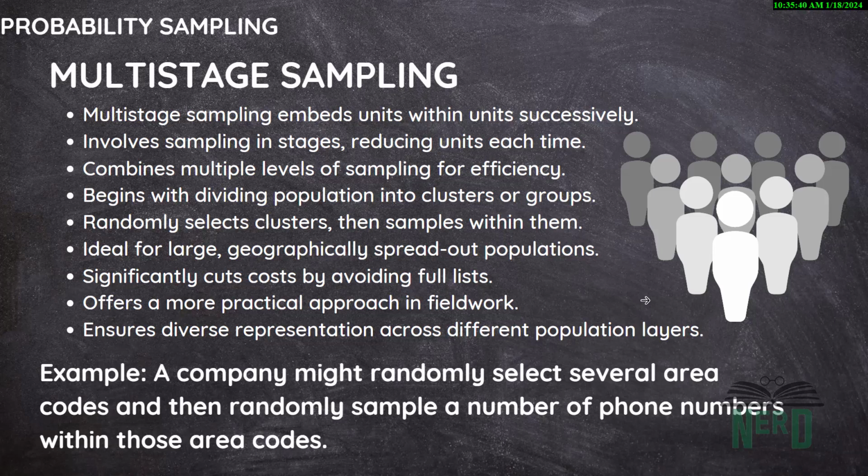By breaking down the process into more manageable chunks, it becomes a practical and cost-effective way to gather information. This method is super useful, especially when dealing with a really large population where studying everyone isn't easy, right? So that is your multi-stage sampling.